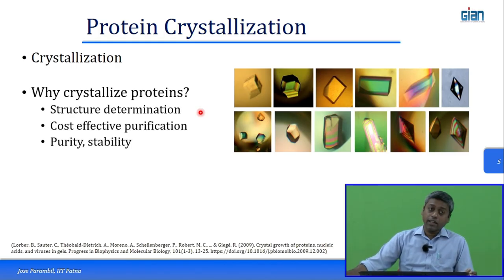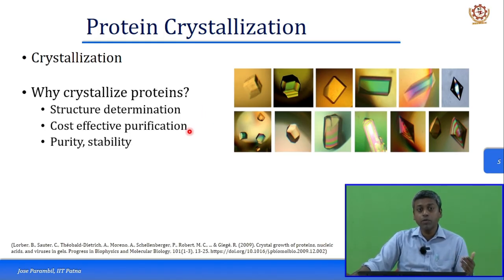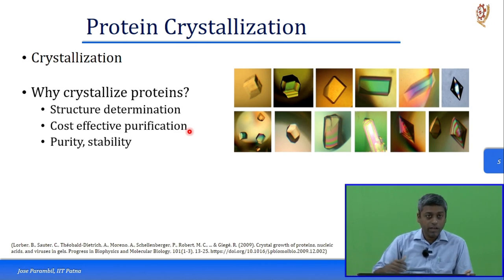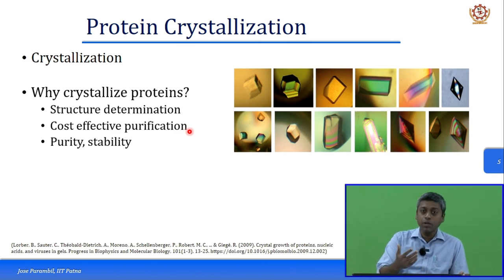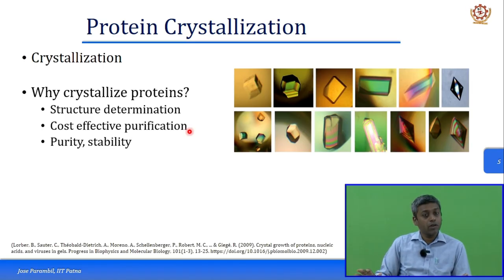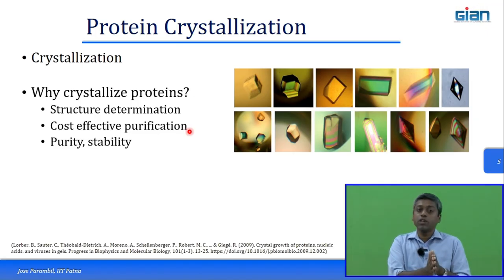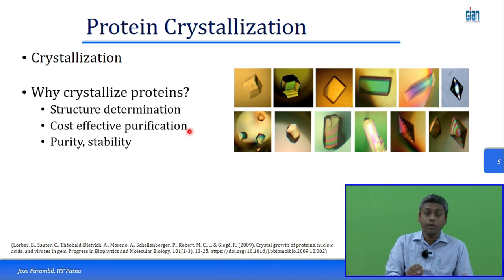But beyond that, we have also understood that once we can produce protein crystals in a reliable way with a cost-effective system, this can also be used as a purification system. As I was mentioning earlier, one of the reasons why pharmaceutical processes often rely on crystallization is that it is a single-step method in which you can produce very high quality, high purity material.